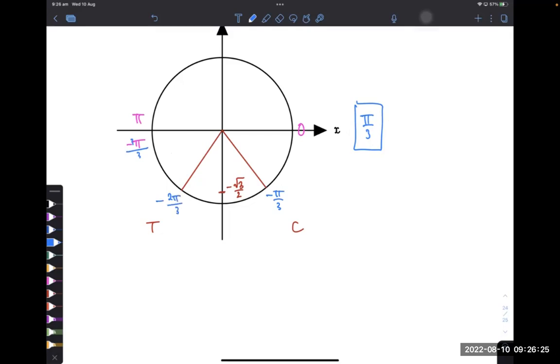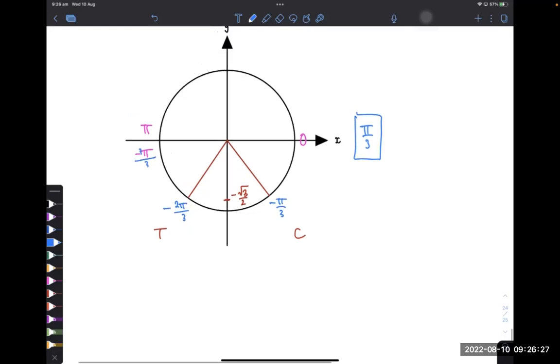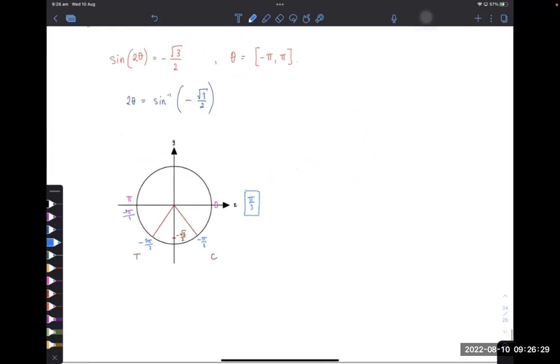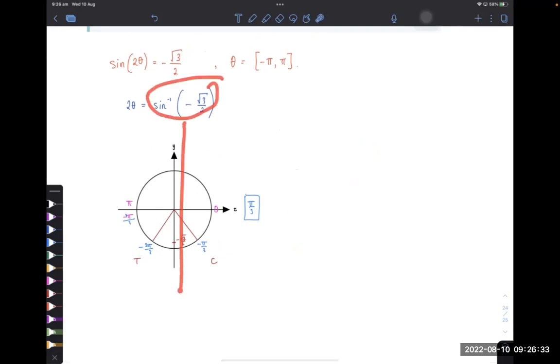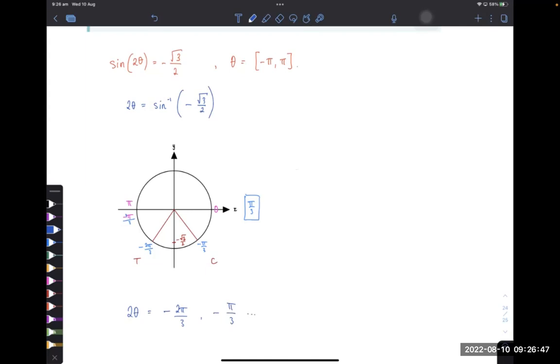Those are your two base angles there. So from this section, it comes down and becomes 2 theta equals negative 2 pi on 3 and negative pi on 3. Numerical order, yeah? Negative 2 pi on 3 is more negative.